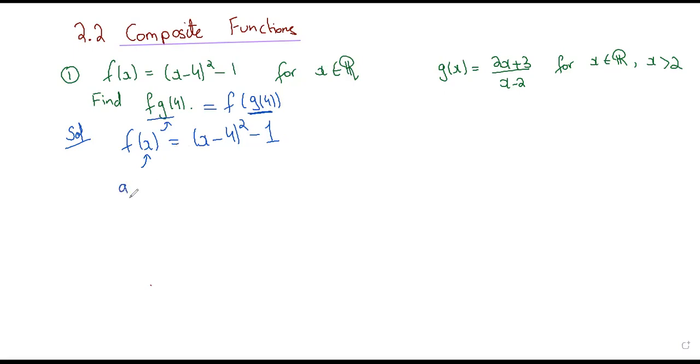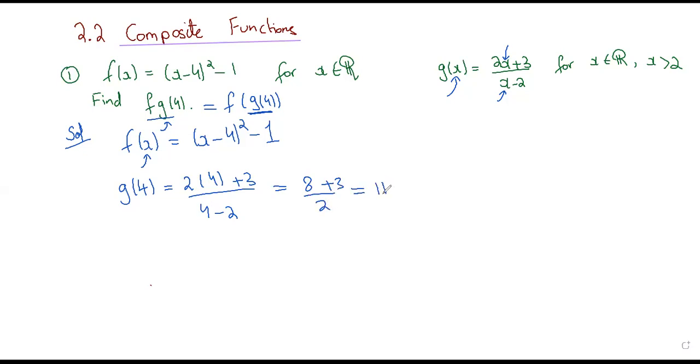So for that, a good idea is that I can find the value of g of 4 first. And how do I find g of 4? This is g of x. So instead of x, I need to plug in 4. So g of 4 would be 2 multiplied by 4 plus 3 divided by 4 minus 2, and it would give you 8 plus 3 divided by 2.